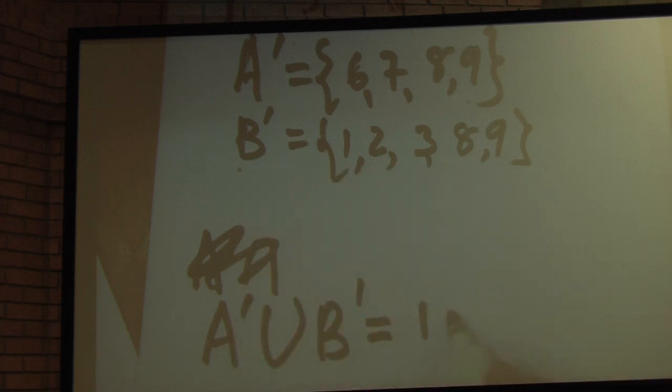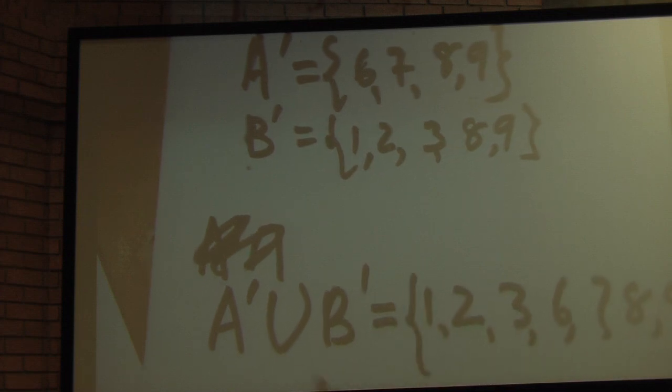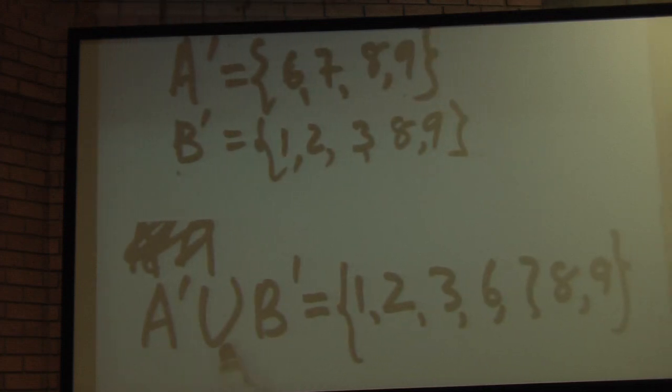So it would be 1, 2, 3. Do we have 4? No. 5? No. 6, 7, 8, and 9. So this would be A complement union B complement. I have united all the elements in the complement of A together with all the elements in the complement of B.